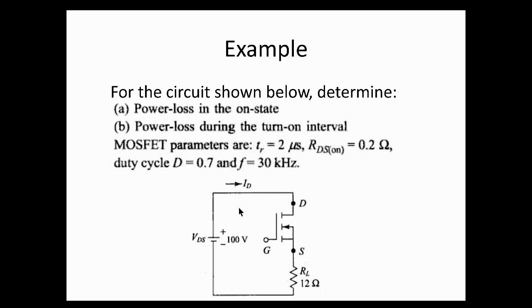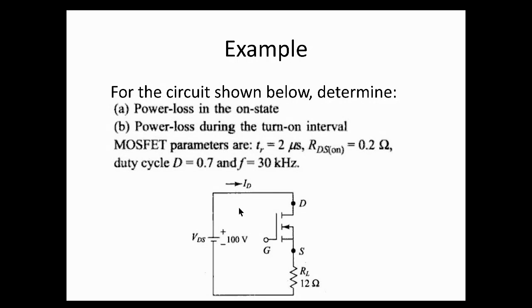You told me, it's the voltage over RL plus RDS. So that gave you 8.2. That's your drain current.